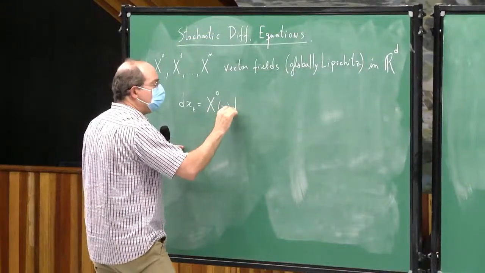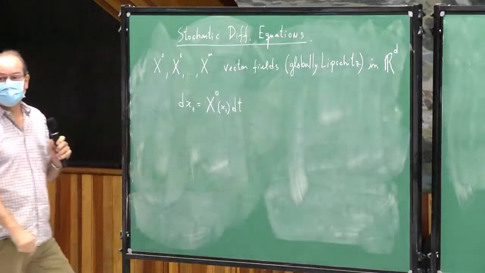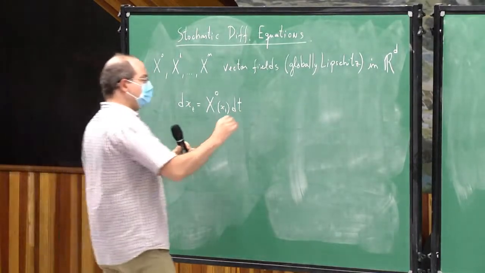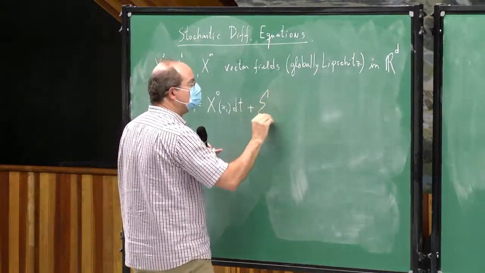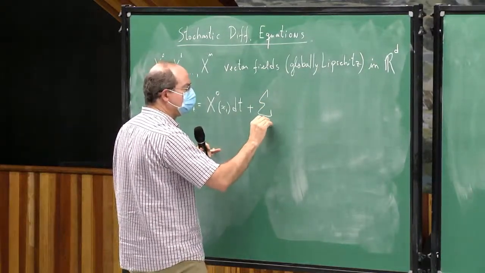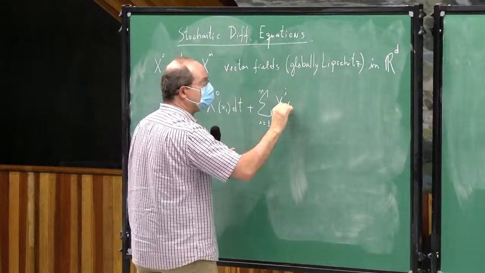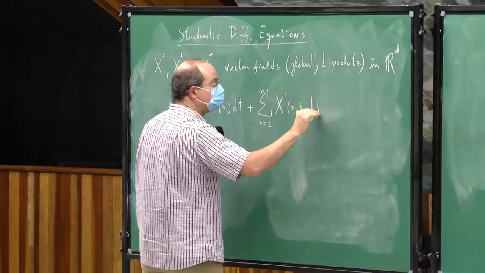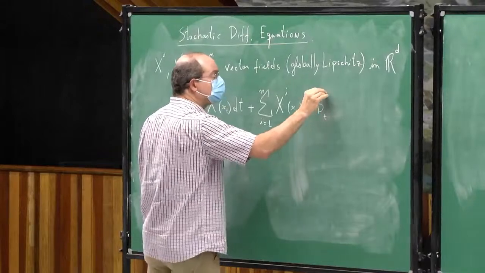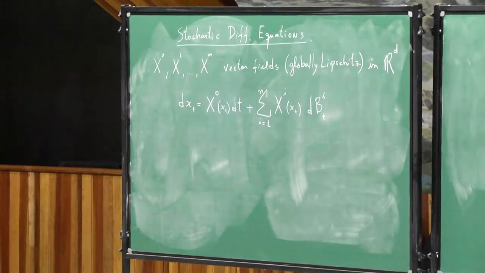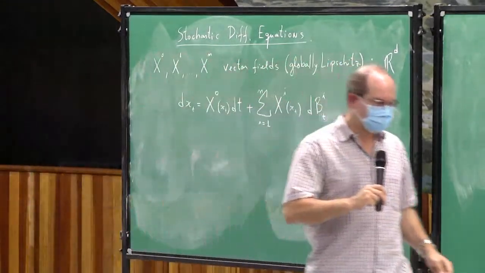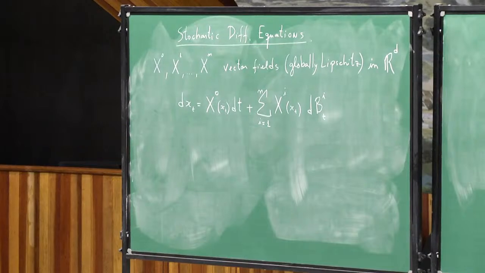This is called the drift part of the stochastic differential equation, plus the diffusion part, which is given by a sum of X_i(x_t) integrated with respect to, in principle, any semi-martingale, but I'm taking our favorite, Brownian motion, since in many situations many martingales can be written as a functional of a Brownian motion.